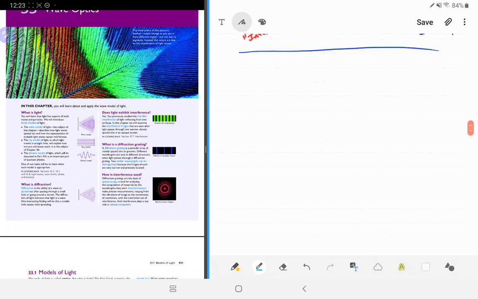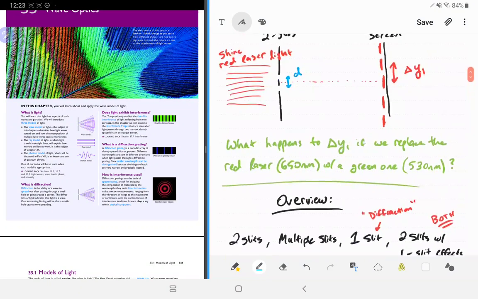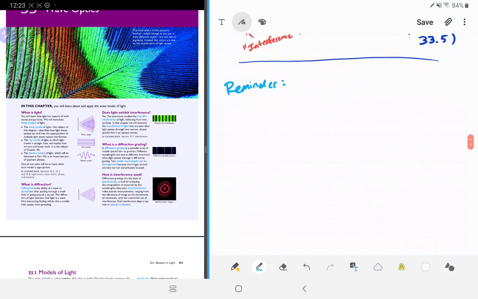Okay, I also want to give you a reminder, because the reason that this interference pattern exists is that light is a wave, and waves will interfere with one another. So I want to remind you about constructive versus destructive interference. So remember, we had the path length difference. This is just some number of meters, and the number we want to relate to the number of wavelengths.